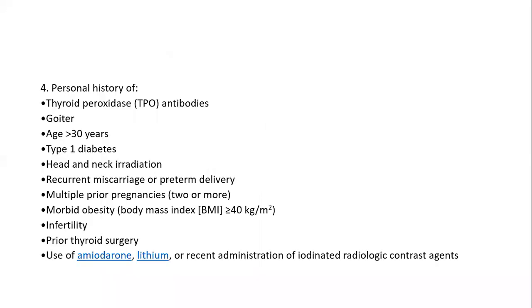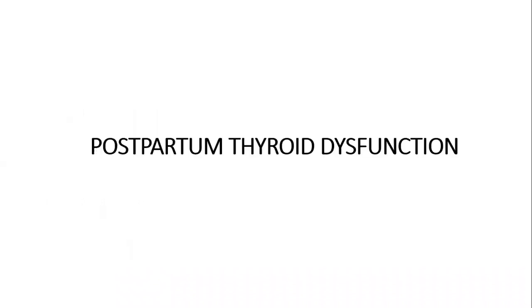You can also do it in patients with a personal history of thyroid peroxidase antibodies, goiter, patients aged 30 years and above, patients with type 1 diabetes, patients who have had head and neck radiation, patients with recurrent miscarriage or preterm delivery, patients who have had multiple prior pregnancies, that is 2 or more, patients who are infertile, patients with prior thyroid surgery, and patients who have been using amiodarone, lithium, or recent administration of iodinated radiologic contrast agents.